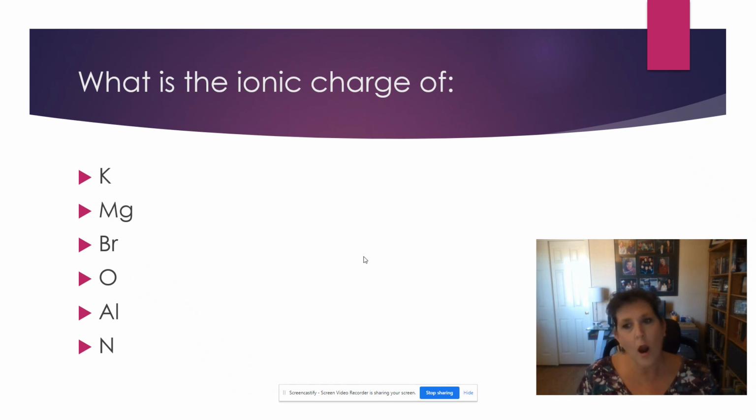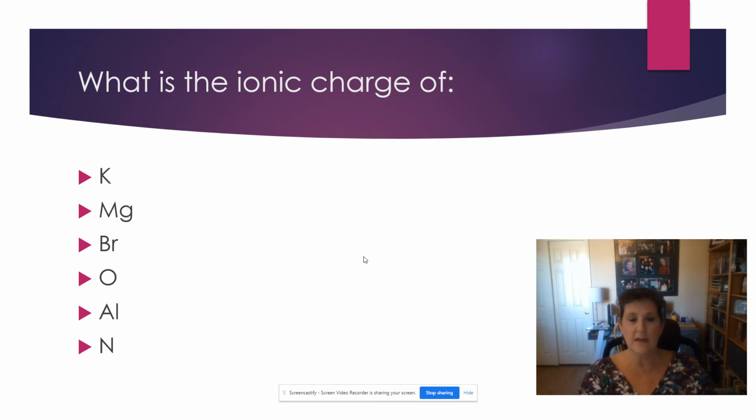What about Br? Bromine, Br. All right, it is in column 7A. So its ionic charge is -1. What about oxygen? Find it.